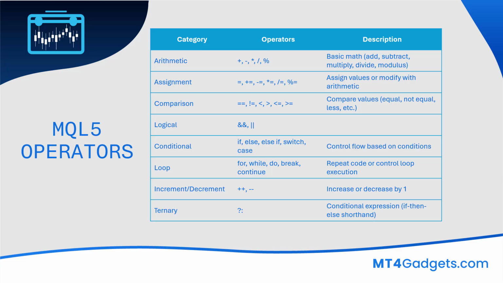First thing probably is to give a definition of an operator. What is an operator? An MQL5 operator is a symbol or a keyword that performs an operation on one or more operands. So you have a symbol or keyword that performs an action on different objects. Operands are the data items the operator acts upon.